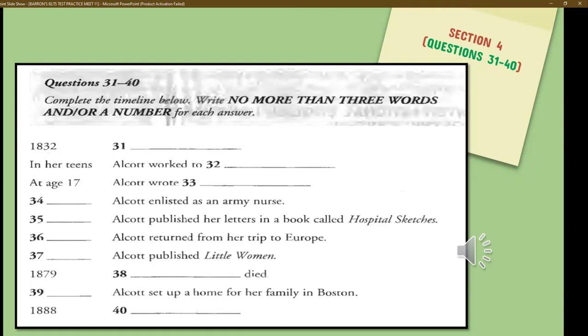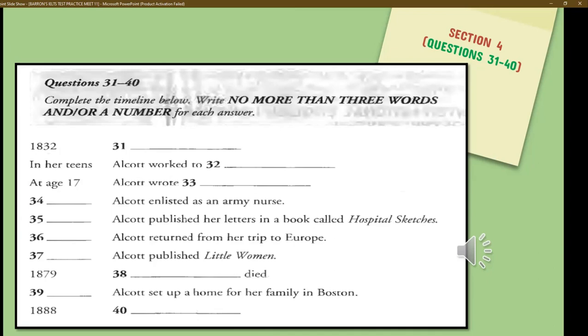She was born in 1832, the daughter of Bronson Alcott, who was one of the founders of the Transcendentalist movement. Bronson Alcott was a philosopher, but not a provider, and the family lived close to poverty. From an early age, Louisa was determined to find a way to improve her family's economic situation.